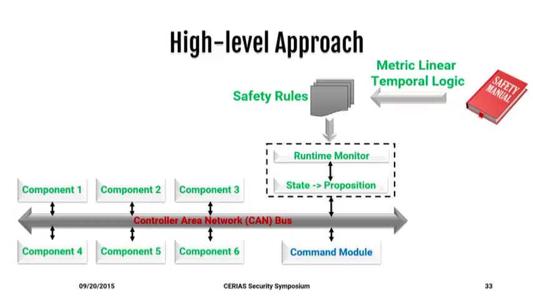The monitor tells that there is a violation, and the command module has its own rule, it knows what to do. That's not our part. Our goal is to generate this runtime monitor, which raises a flag whenever a violation happens.